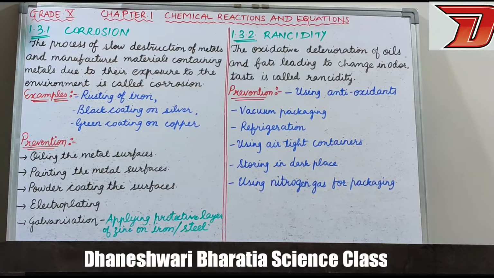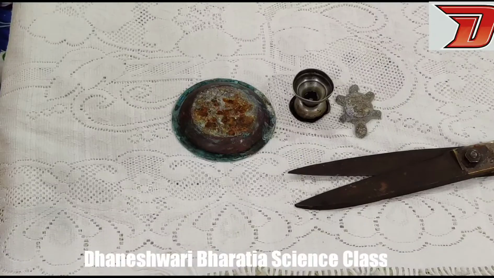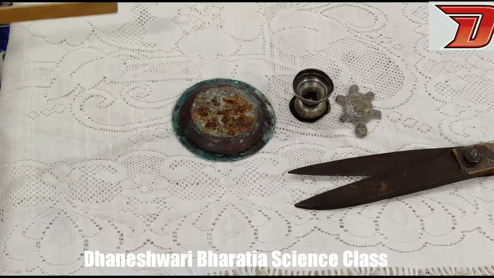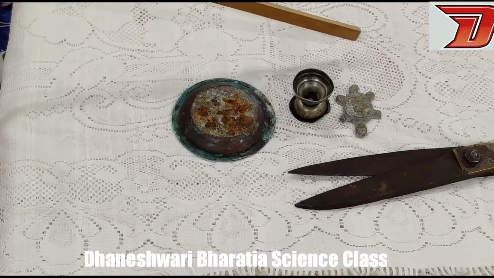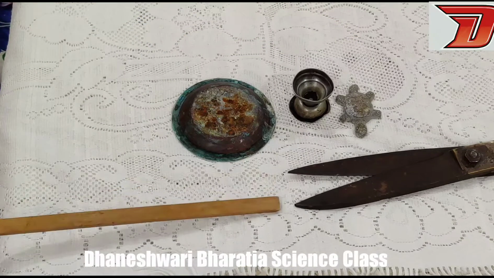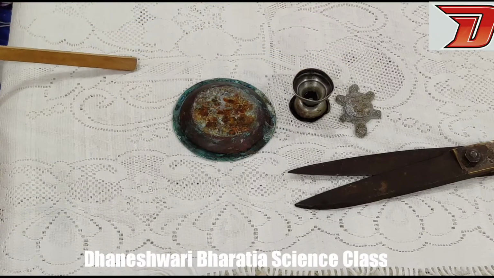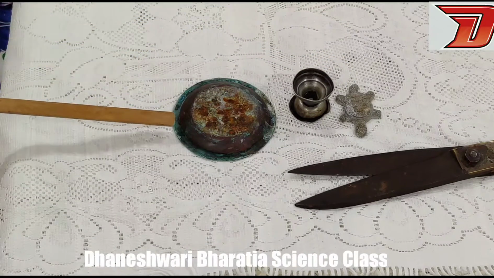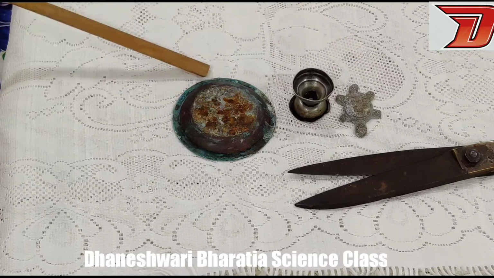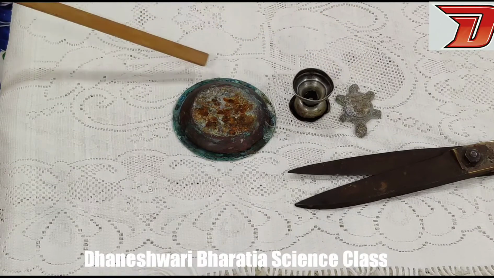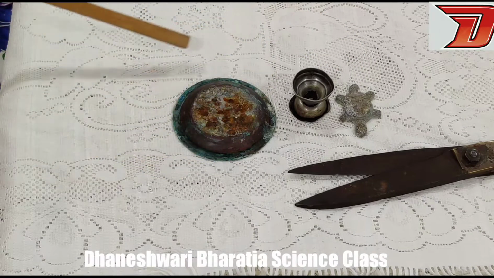Just have a look at the objects which I am going to show you right now. See this. All these things are available at our home only. This is the scissor. These 3 things are used in puja. This and this, they are made up of copper. You can see green color coating is there.